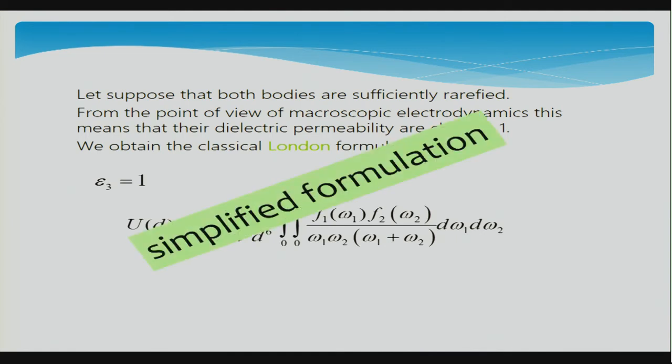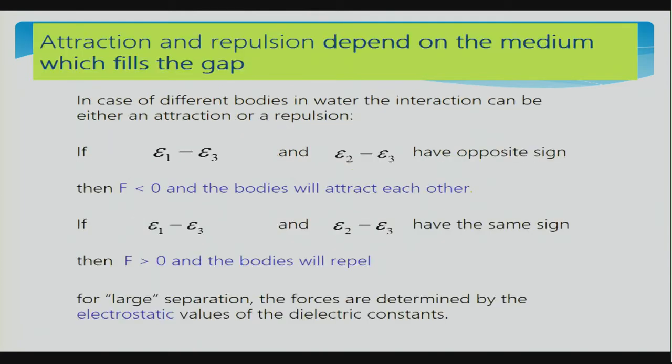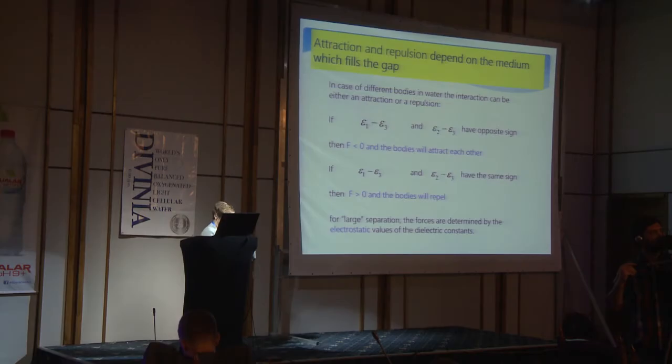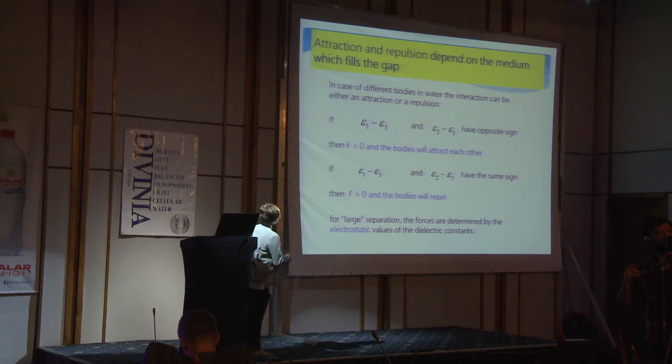But coming back to the general formulation, we can see that attraction or repulsion between molecules depends on the medium which fills the gap. At this point, we can see that we can have different situations depending on the electric constant of the interposed medium.